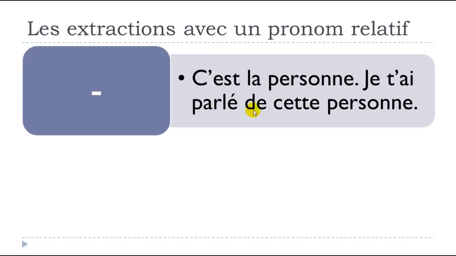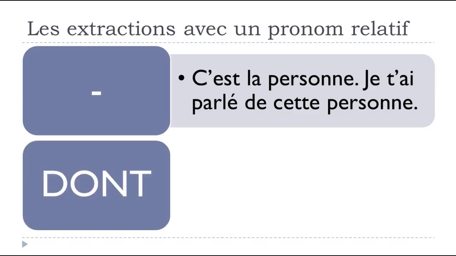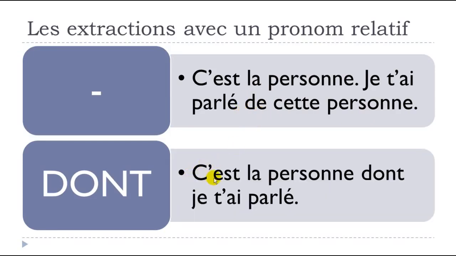It also means that you will have to use another pronoun. So let's see what pronoun we will use, and the pronoun is dont, just because we introduce this complement with the preposition de. So you get c'est la personne dont je t'ai parlé.